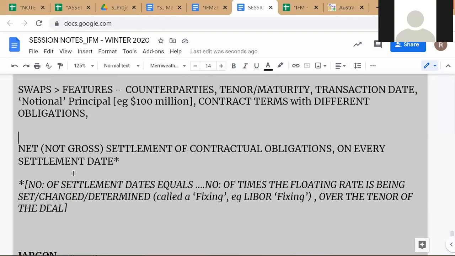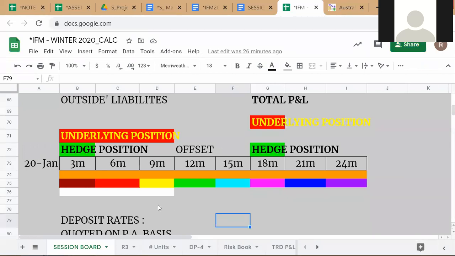Okay, now we have net settlement. So as we said, we are looking at the contract terms and how the obligations are going to be discharged. And we make a statement that this is a net settlement, not gross settlement of contractual obligations. What does that mean? Let's take the first example, 3% for Citigroup. If we take a transaction, we'll just do it here so it's easy to understand.